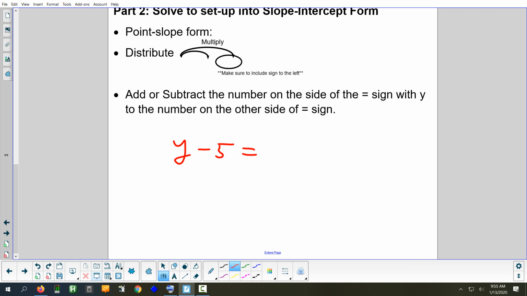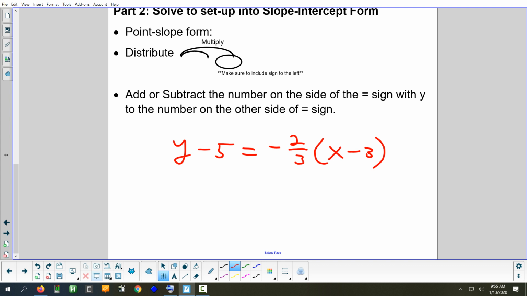y minus 5 equals, what was the slope again? Negative 2/3, and it was x minus 3? Yes. Because we had, okay, thank you. Okay, so we're trying to change that into slope intercept.